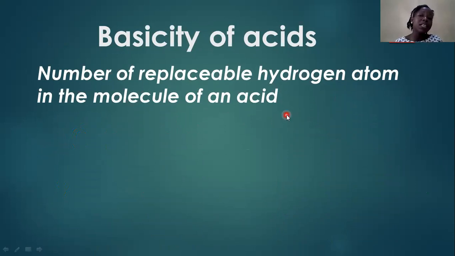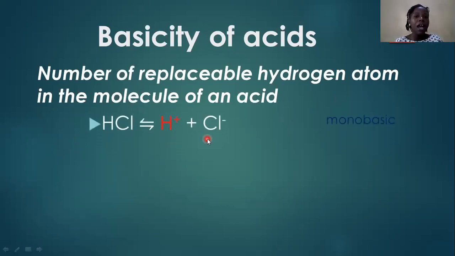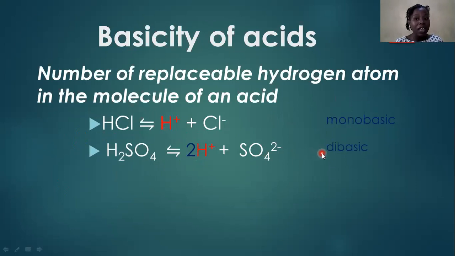The number of replaceable hydrogen atoms in the molecule of an acid is referred to as basicity. Now, let's look at the examples. Hydrochloric acid will ionize to give you H plus, just one hydrogen ion. So we say that it is monobasic. Next one, tetraoxosulfate (VI) acid is dibasic because it will produce two hydrogen ions. That's why it is known as a dibasic acid.